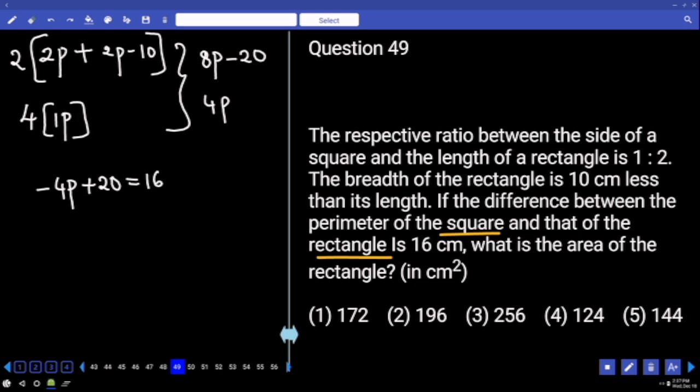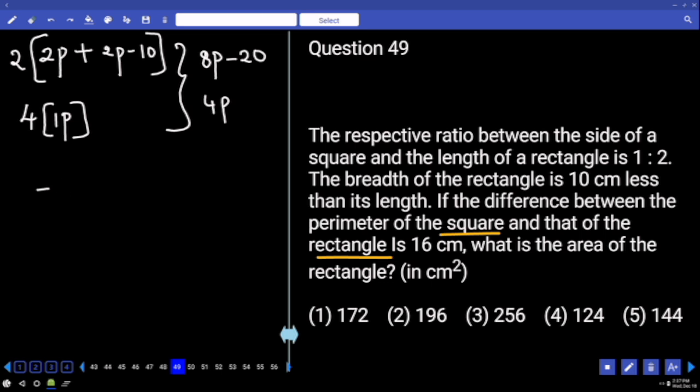From this, 4 parts is equal to 4. If P is equal to 1, the breadth of the rectangle is 2P minus 10, which is going to be a negative number, right? Is it possible? So I cannot take square perimeter minus rectangle perimeter.